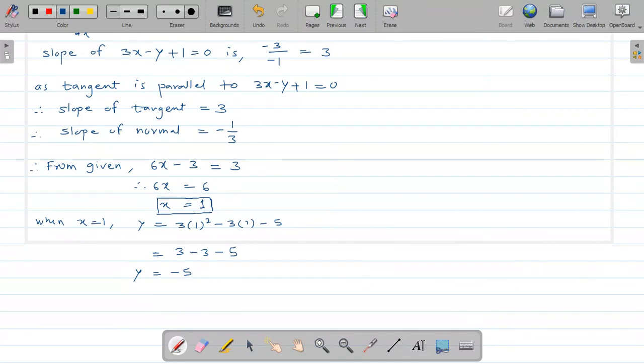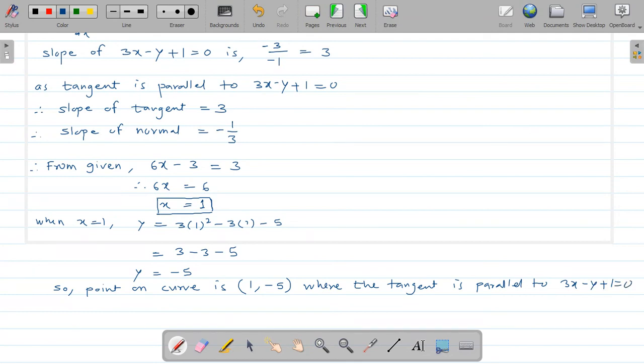So the point on curve is 1 comma minus 5, where the tangent is parallel to the given line, that is 3x minus y plus 1 is equal to 0.